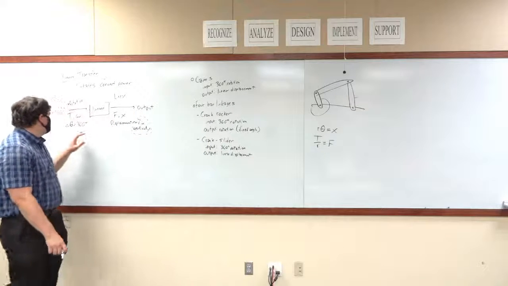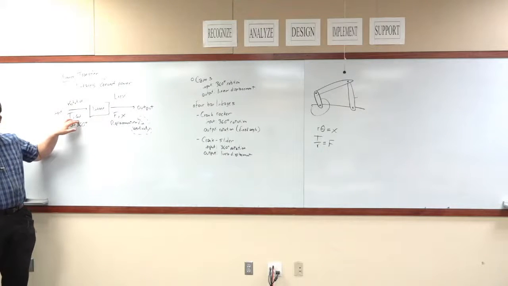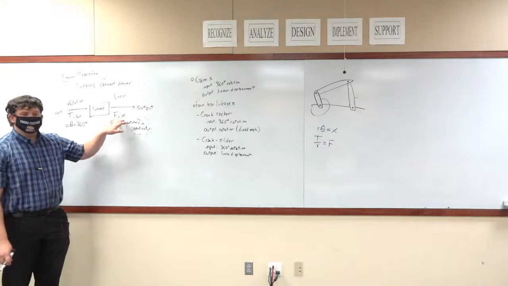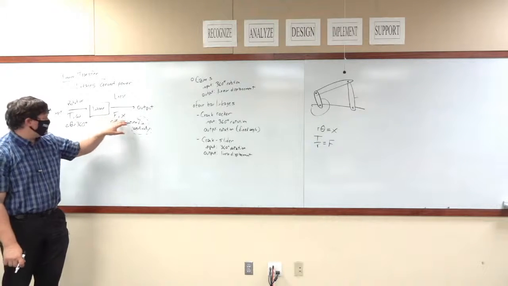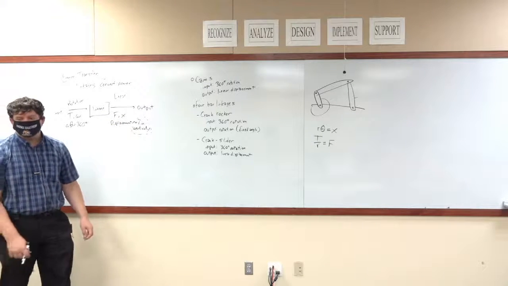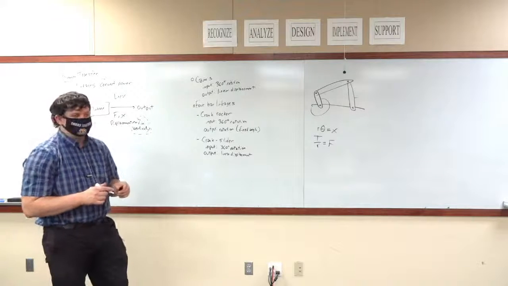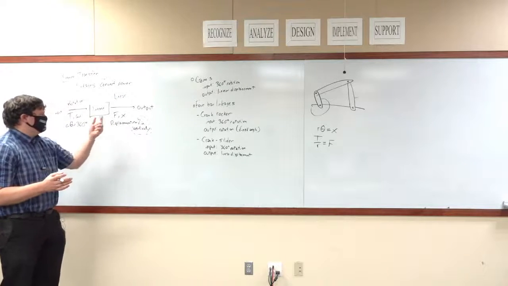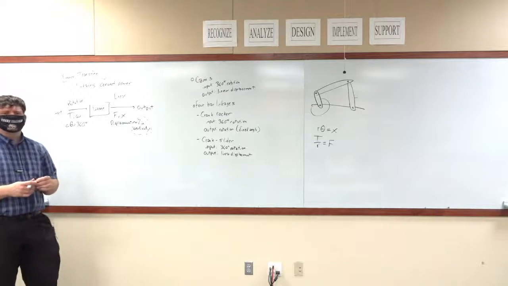When we bring in a torque and an angular displacement here, we have the ability to directly affect how the force and displacement comes out of this. I had a question in the last lecture about, what kind of motor would you want to put on this?